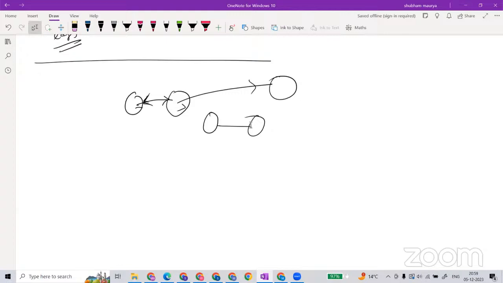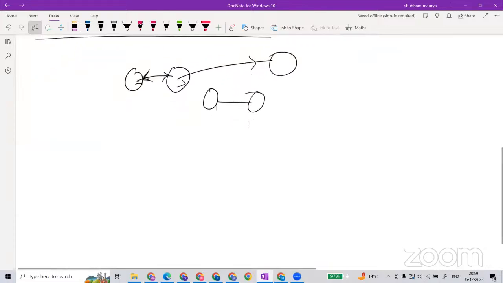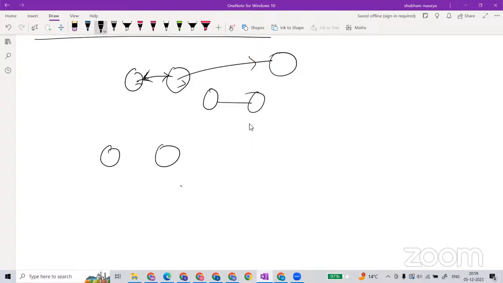Means if there is a directed graph, then it may not be possible to reach everywhere. So connected graph means, if there is an edge, then we can reach. But if there is a directed graph, then we cannot say that.